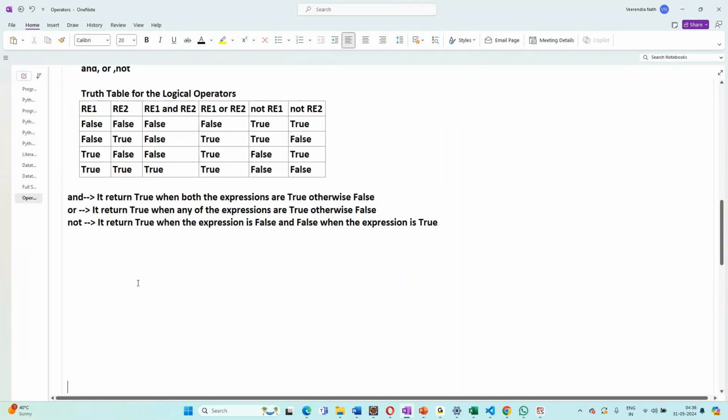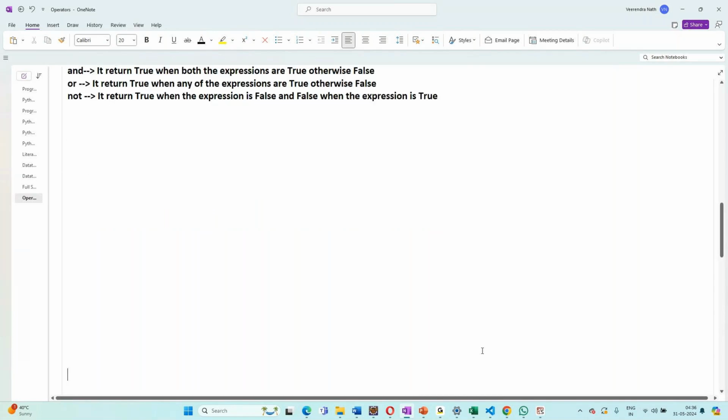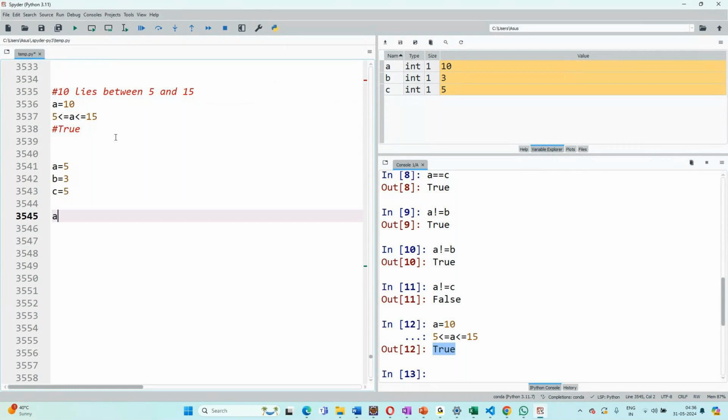Then we will try to look at some examples. Let us take the same thing. A is equal to 5, B is equal to 3, C is equal to 5 again. Now A greater than or equal to B and A greater than or equal to C. So what does the AND operation say here?